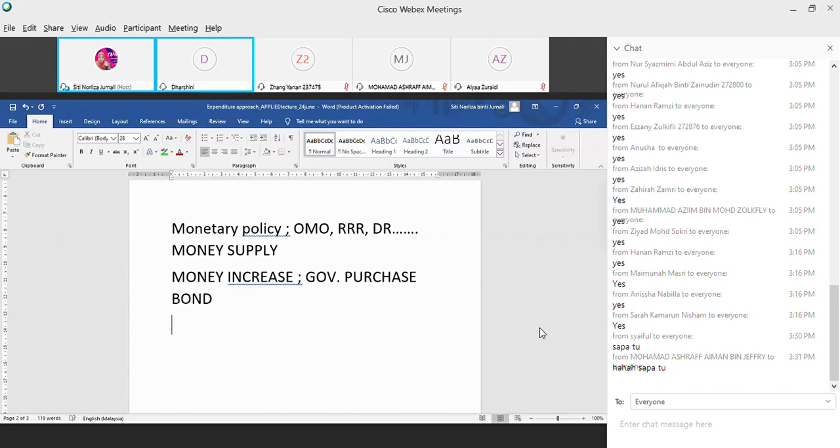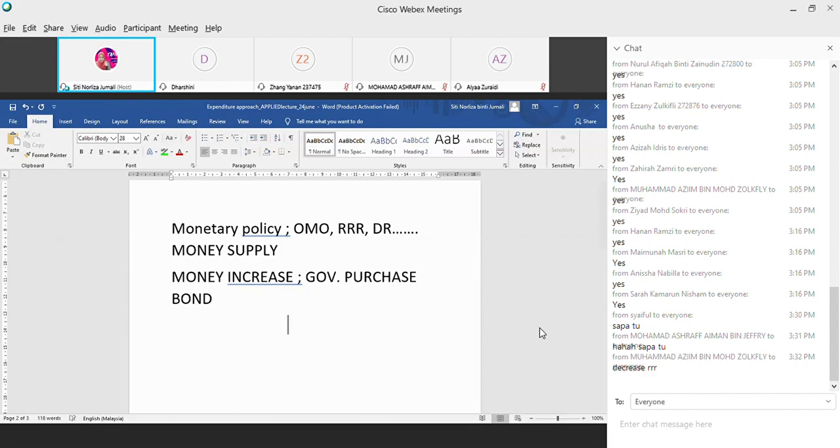To increase money supply, government decreases RRR, and also decreases the discount rate. This explains what will happen to the money supply, the increase in money supply.